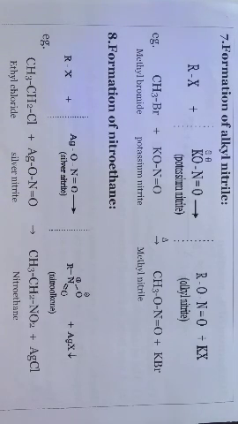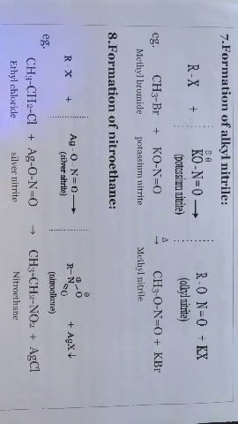And the last one is about the formation of nitroalkanes. Nitroalkane is formed from silver nitrite. So when alkyl halides react with AgONO, which is silver nitrite, it gives RNO2, that is R-N double bond O, plus AgX. This is the nitroalkane.